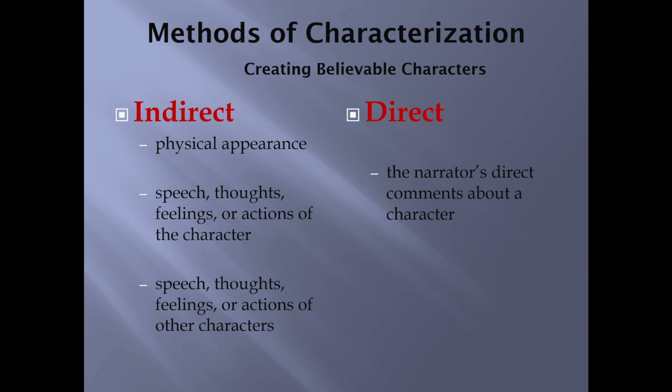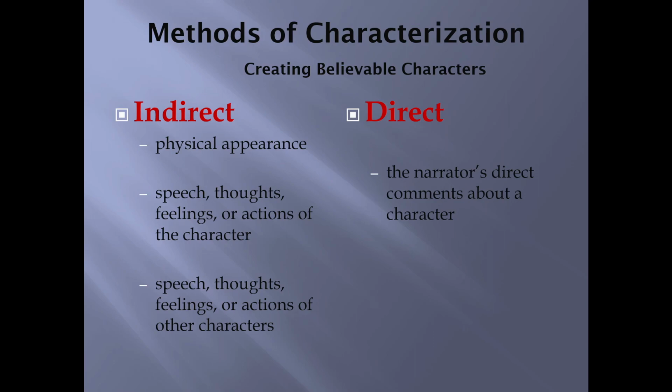What are other characters thinking about the particular character? Maybe another character thinks the protagonist is very cool, very good, active, passionate, those kinds of things. That is the speech, thoughts, feelings, or actions of other characters. Those are indirect.